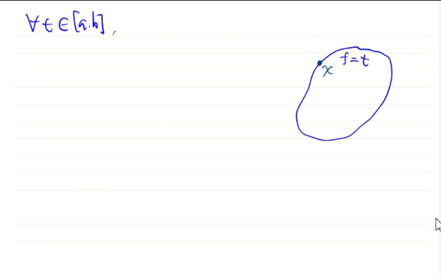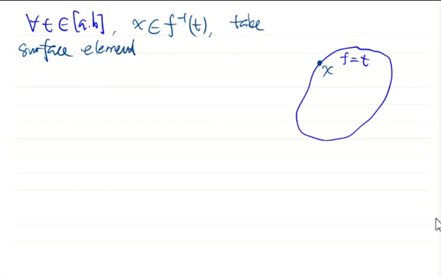Suppose x is a point in the surface f equal to t. Now we take a nearby surface element, d sigma about x. So we have a surface segment about x.